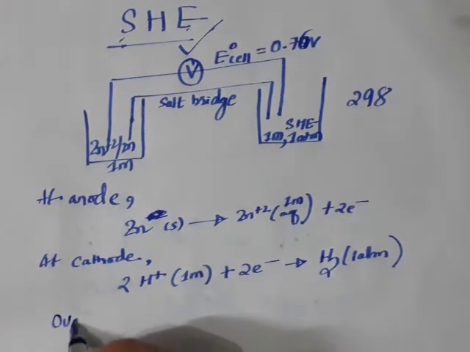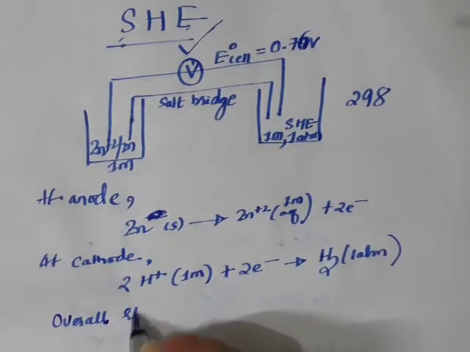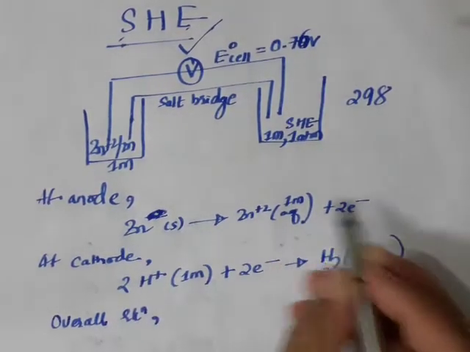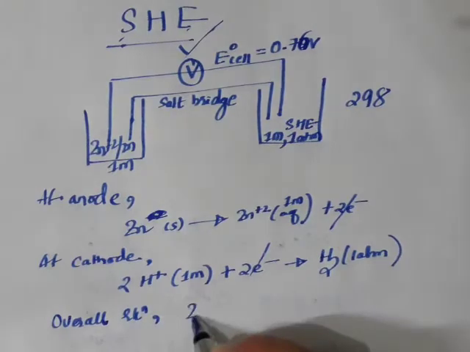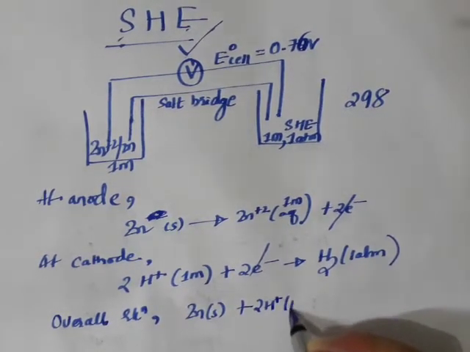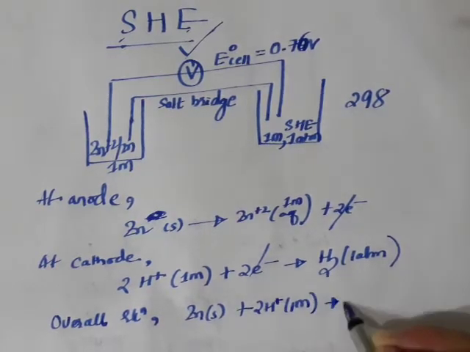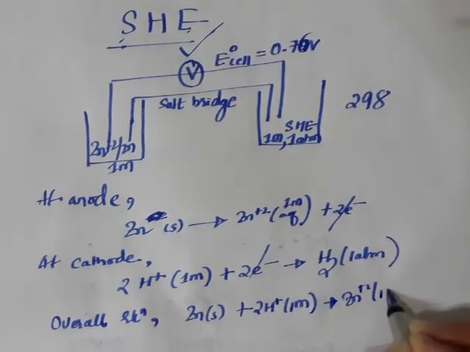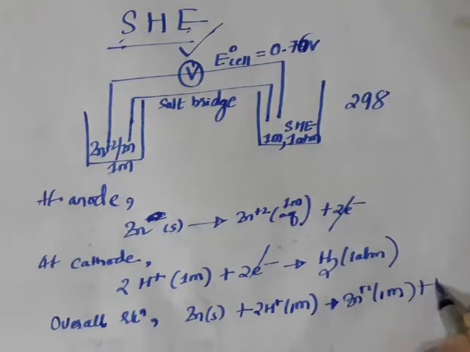So the overall reaction in the cell, when you combine the two, the electrons cancel: zinc and hydrogen ion on one side, and zinc ion and hydrogen gas on the other side.